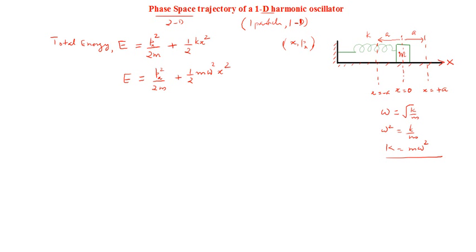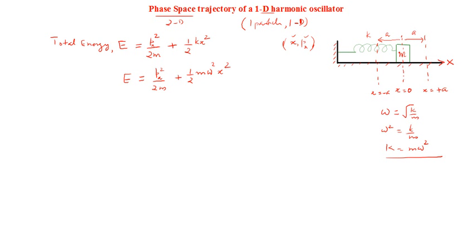So I want to draw a diagram with one coordinate x and the other coordinate px. For understanding the shape of the graph, I have to predict the phase space trajectory. For that I need an equation connecting x and px of the particular system.